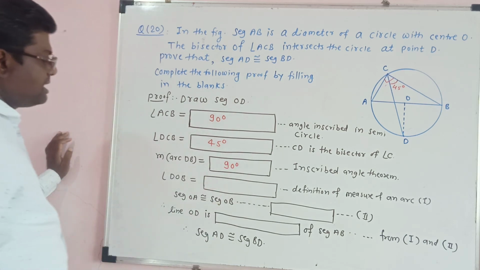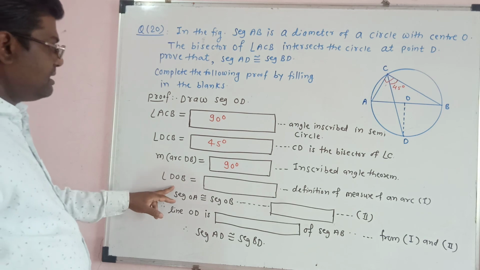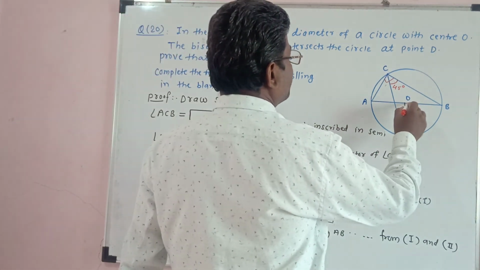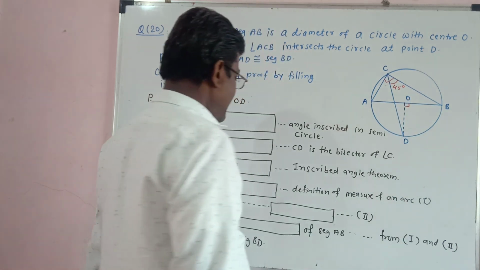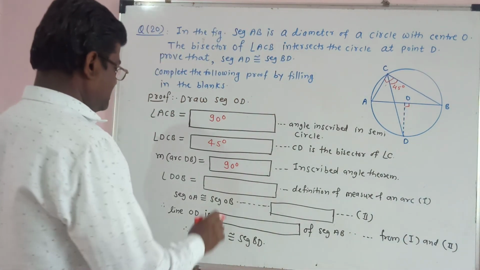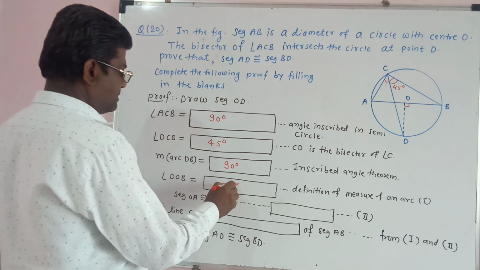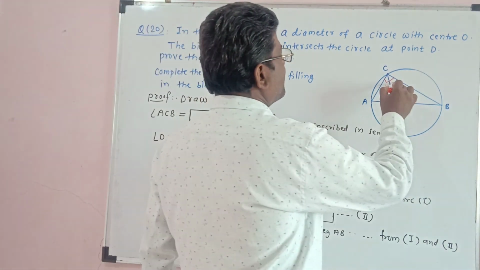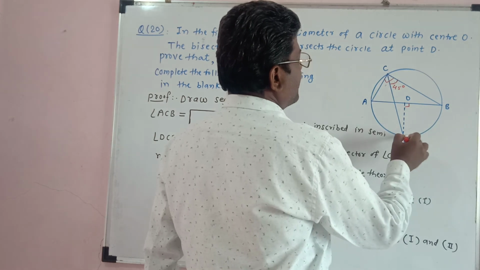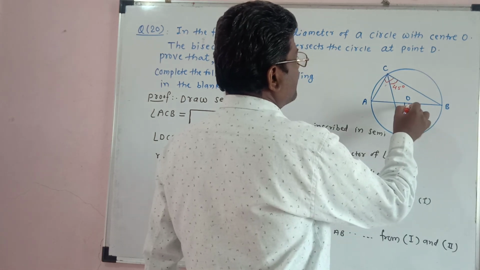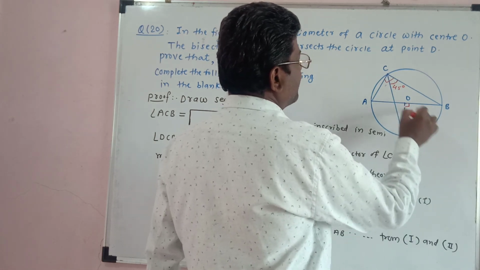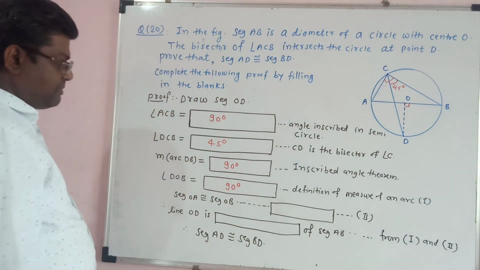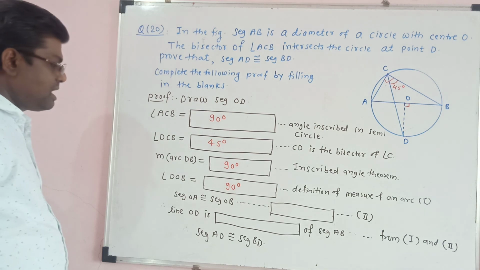Now angle DOB will also be 90 degrees. Definition of measure of arc. This is a central angle, therefore this angle and the arc are equal.